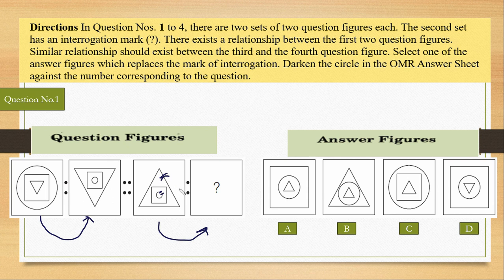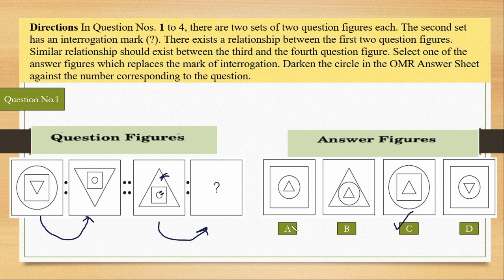After exchanging, which figure is representing this? As you can see, outside it will be a circle and inside it will be a triangle, and there is no change in the square, right? So in option C, this relationship is happening. Outside the circle came and inside the triangle is there. There is no change to the square, as usual present.